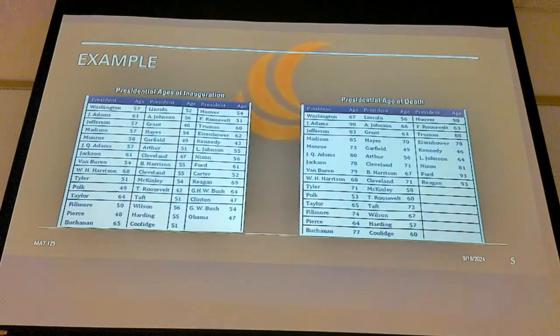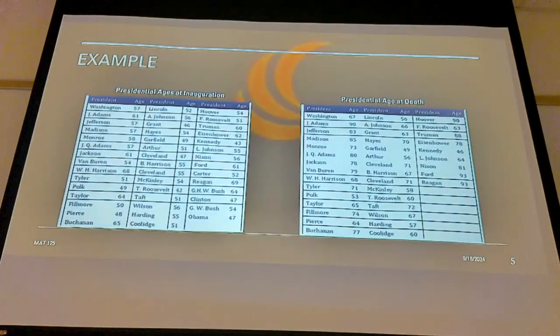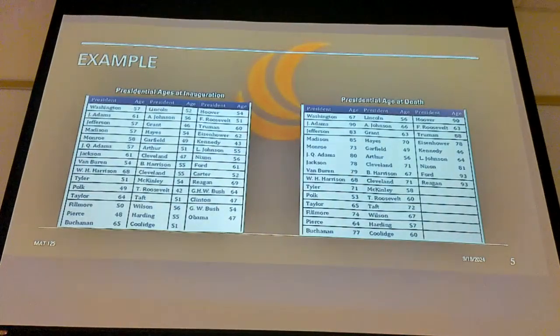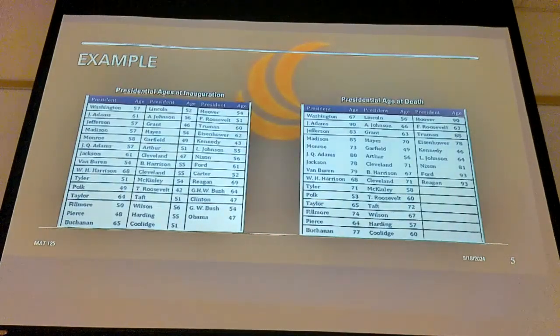The latest this data could be taken would be 2016. Well, let's say January of 2017 would have been the latest this data would have been taken.